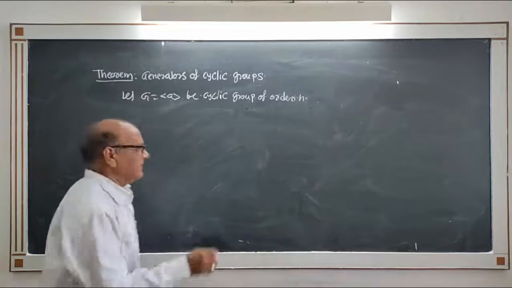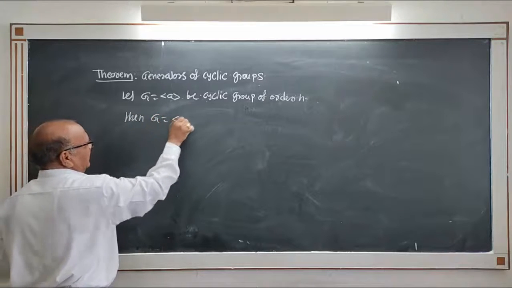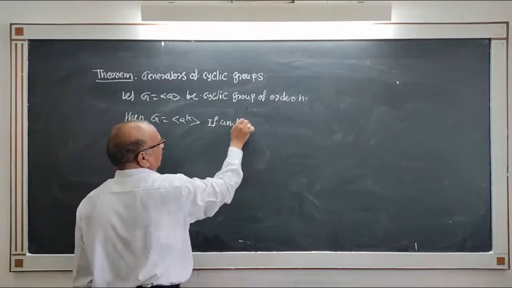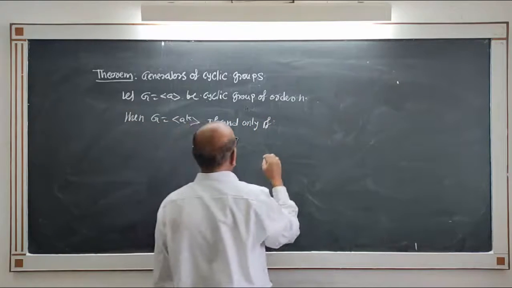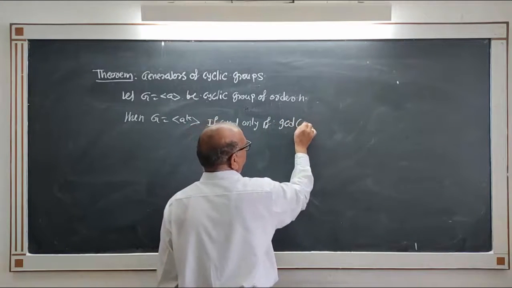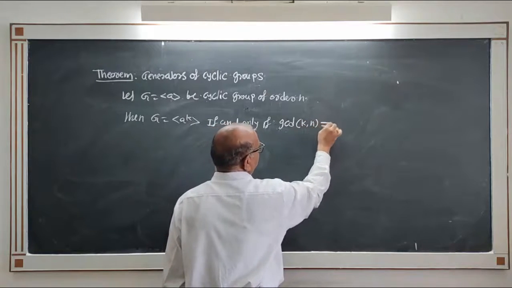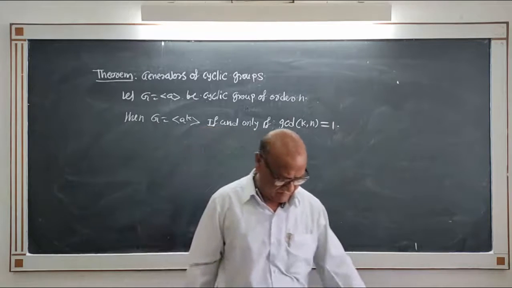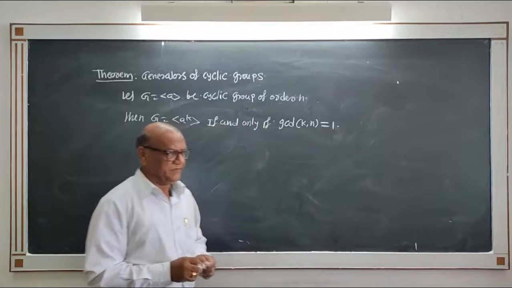Then G is also generated by a to the power k if and only if GCD of k and n is equal to 1.